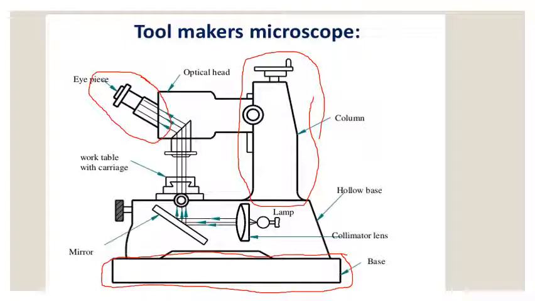Further, the column houses various mechanisms of this optical head, and there is a handle for the movement of the optical head up or down, to focus the image on the eyepiece.